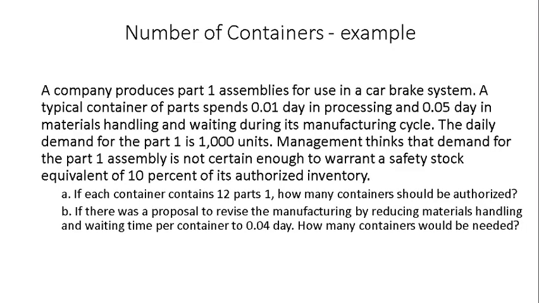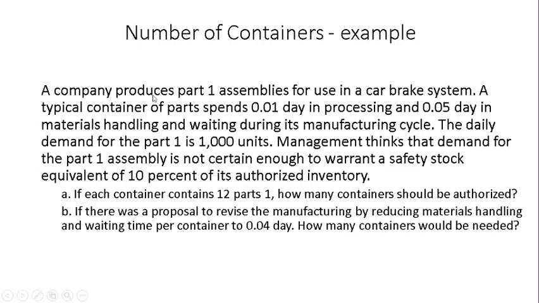Now let's go through an example to see how we work this out and calculate the number of containers required. Assuming that we have a company that produces one single part, for use in a car brake system, which is part of a car manufacturing company.